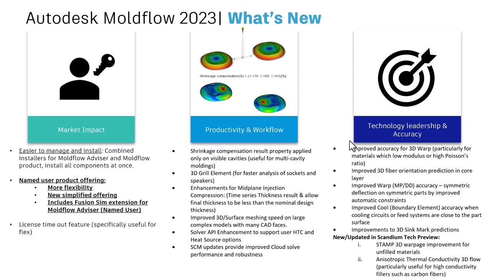In the later episodes we would be looking into the productivity and workflow enhancements, some of the new capabilities added, and technology leadership. In that case, we would be looking into some of the improvements in accuracy, existing workflows, and so on and so forth.